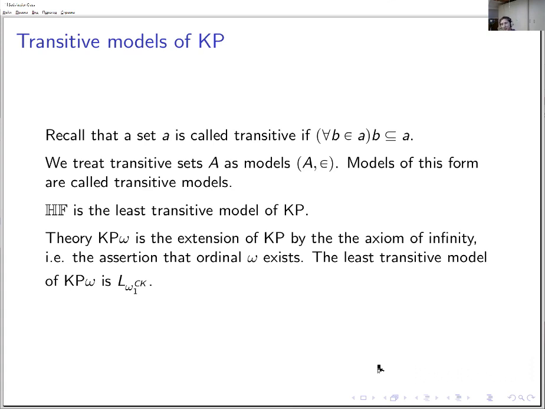For people familiar with the recursion theory of pi 1 1 sets, the proof goes as follows. The idea is this. Suppose we have a failure of collection in L omega 1 Church-Kleene. What would it mean?